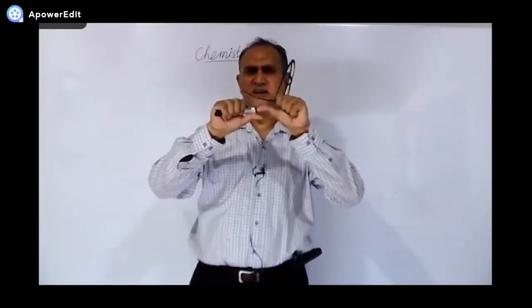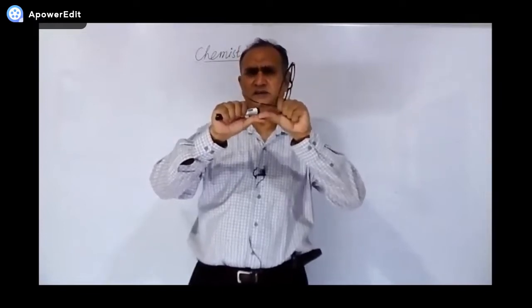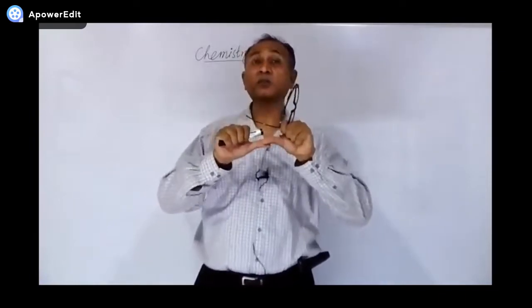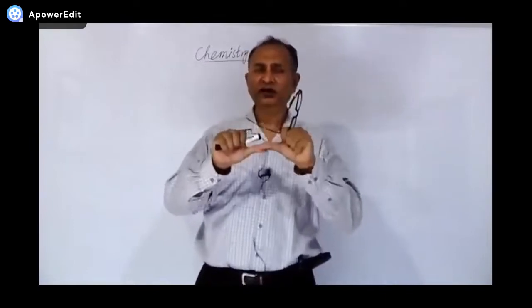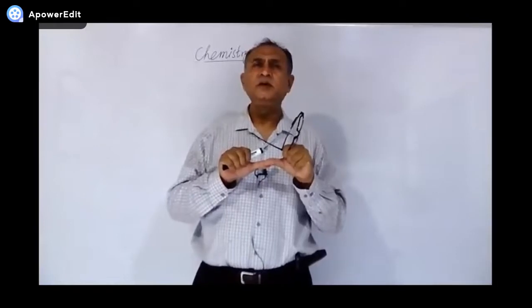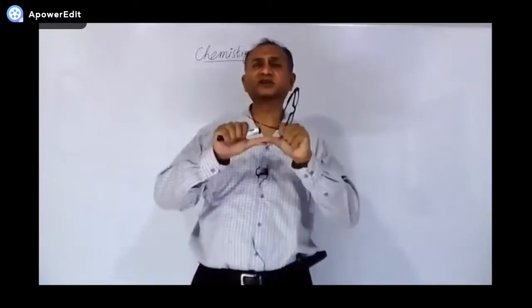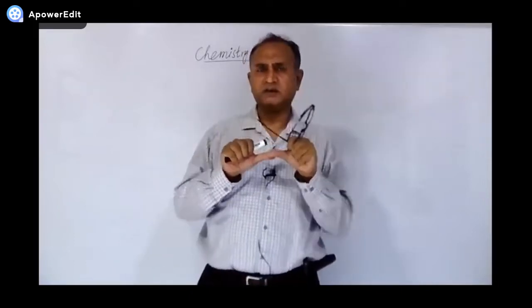They share their electrons. They will be together. Sharing occurs. When sharing occurs, molecules form. This type of sharing you will study afterwards. This type of sharing is called covalent bond.